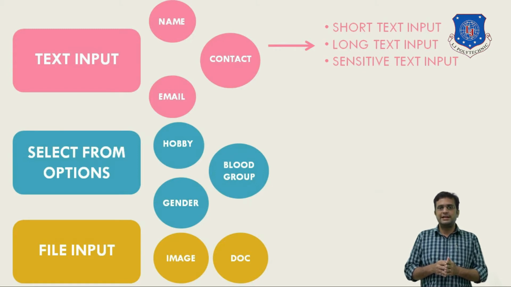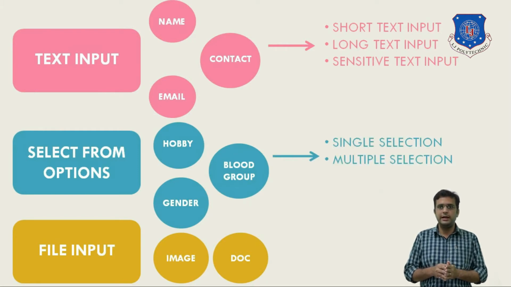So in this category there are two subcategories. User may select one option and user may select multiple options. The third category is a file input. We may ask user to set his image or submit any document.